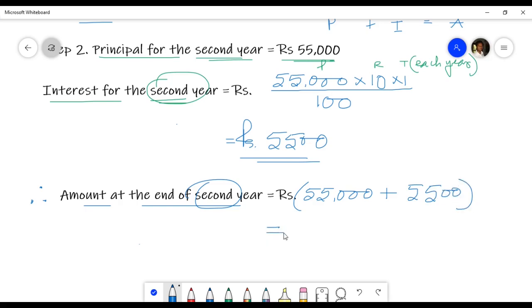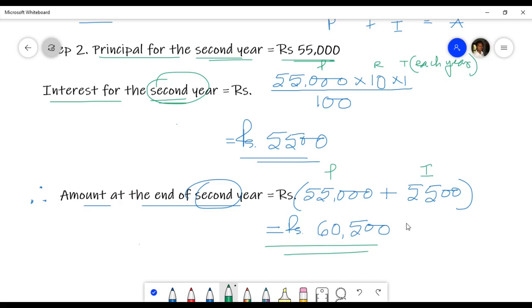You will get the answer as rupees 60,500. So 60,500 rupees is the amount at the end of second year. I hope you have understood till here.